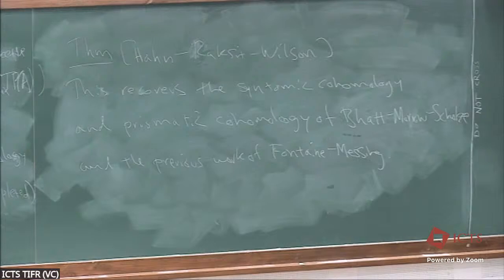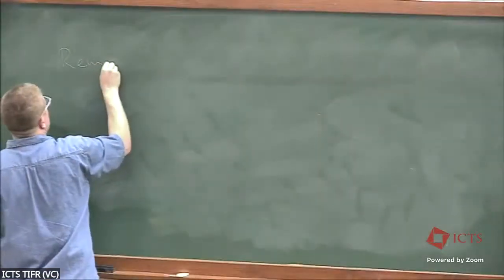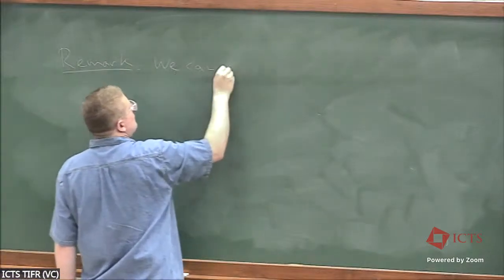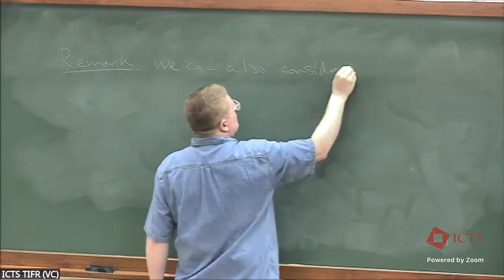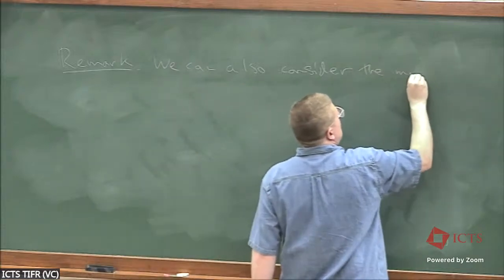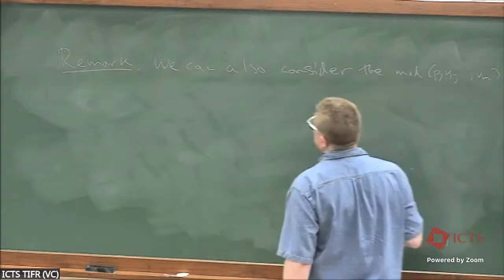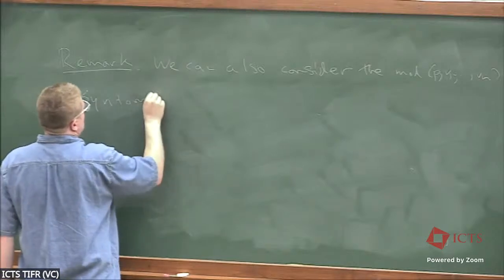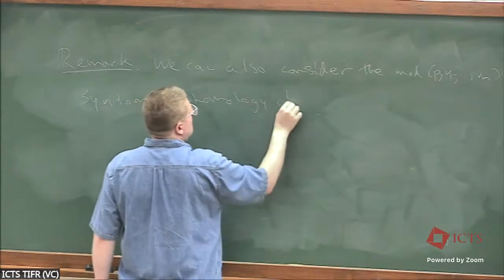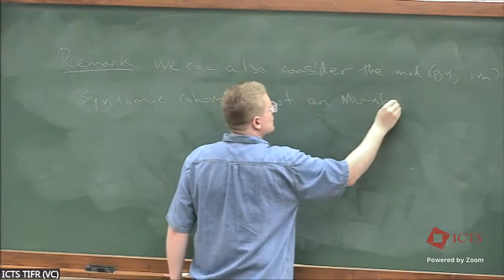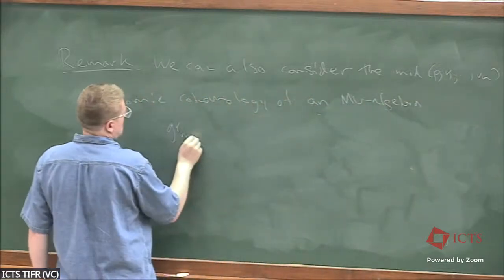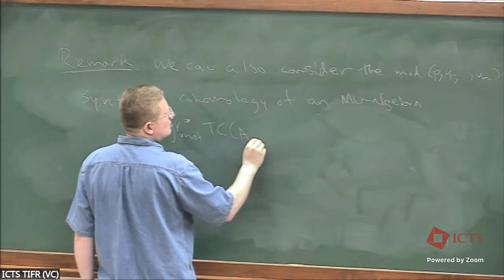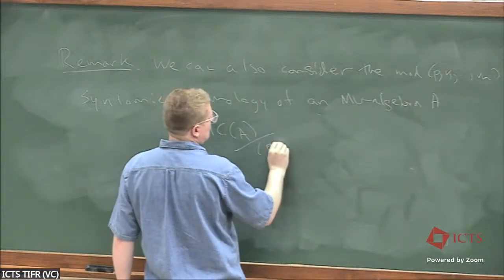So we can also consider the mod (p, v1, ..., vn) syntomic cohomology of an MU algebra, which would be the motivic gr star TC of A mod (p, v1, ..., vn).